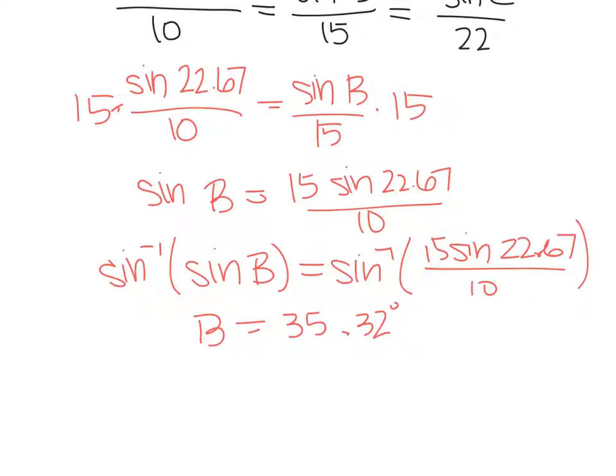Now we just have to find angle C by doing 180 minus 22.67 minus 35.32, and we get 122.01 degrees.